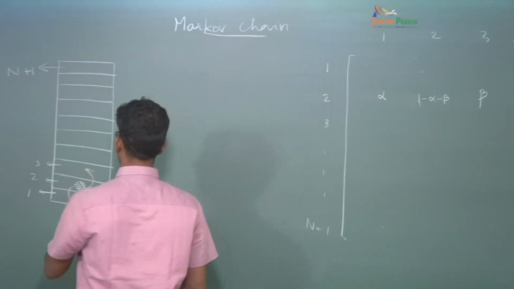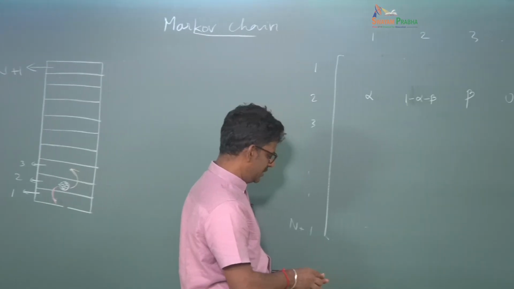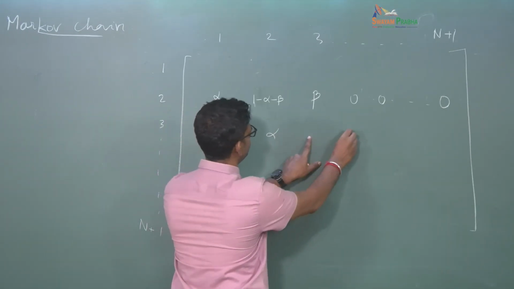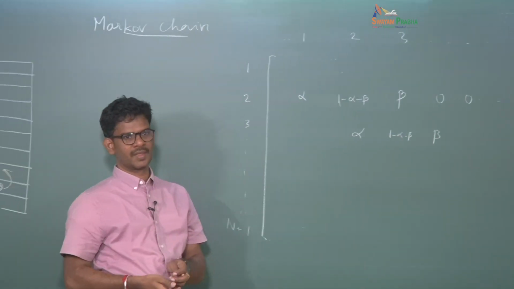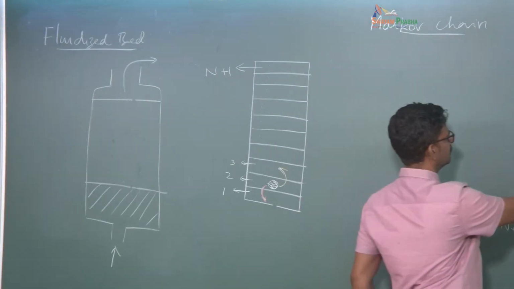Now let us say I put the same particle in cell 3. In this case you have alpha here, beta here, 1 minus alpha minus beta, and everything else is going to be 0.